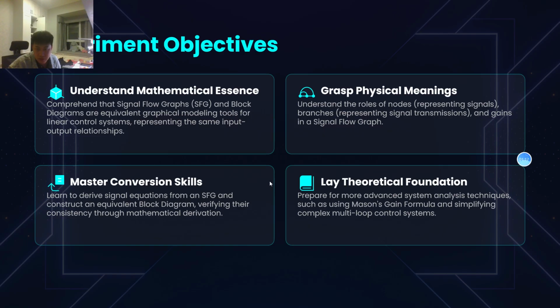Grasp physical meaning, understand the roles of node, representing signals, and branches, representing signal transmissions and gains in a signal flow graph. And master conversion skill. Learn to derive signal equations from an SFG and construct an equivalent block diagram.